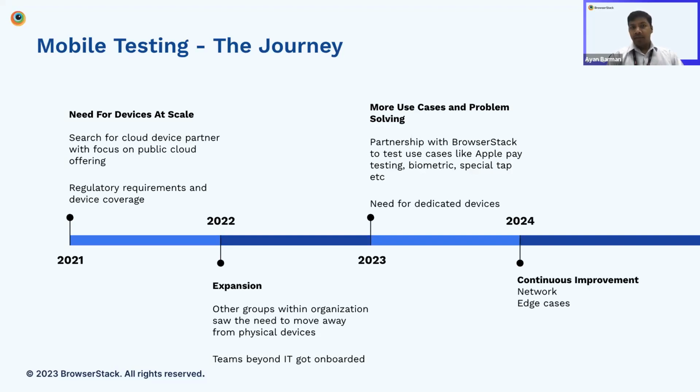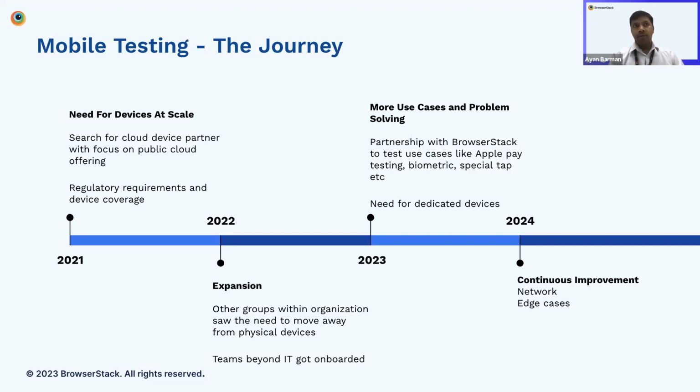Another interesting thing, as our mobile testing journey matured, while we are still going towards a public cloud solution, we realized that there is a smaller set of use cases that require dedicated devices, whether it is because you wanted the content or data of your devices stored permanently, or you wanted the App Store to download your app and test this end-to-end journey of App Store download.